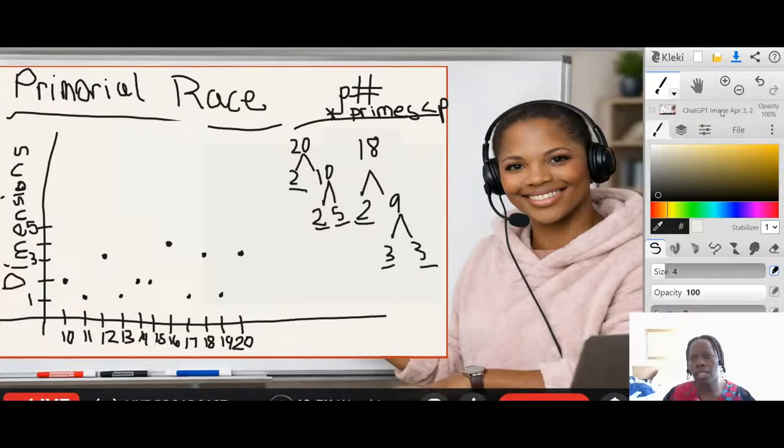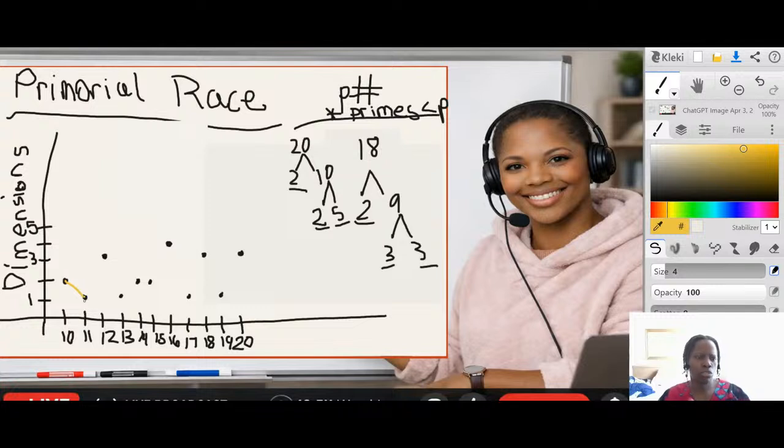All right, so now we get to connect the dots. Let me connect the dots and then I'll erase the factor trees. Starting at 10, we're going to go from 10 to 11.